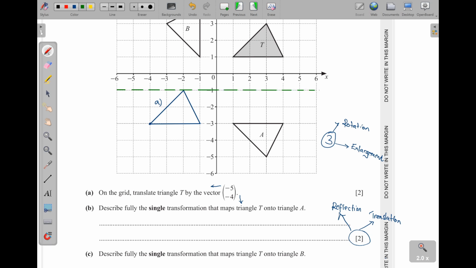That is y. Y is equal to -1. So we shall say reflection. Here you get a mark for saying reflection. Then in the line, y is equal to -1. So this is the second mark.